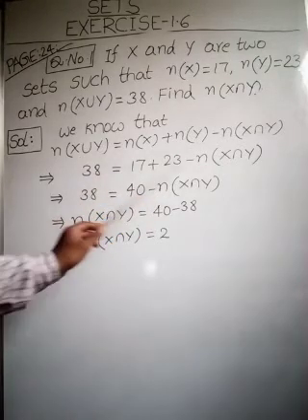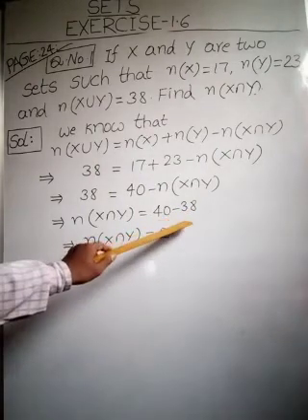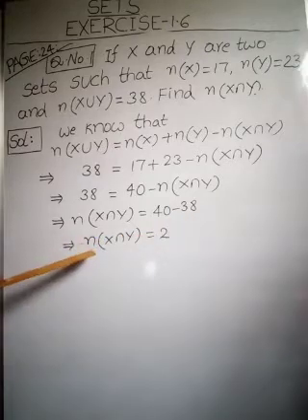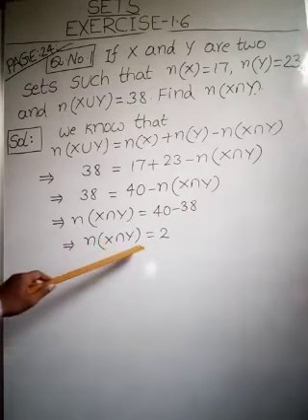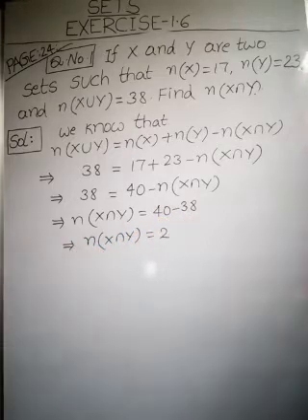We are sending this 38 to RHS. Then it becomes minus 38. Understood this step, my dear children? Right. This implies n of x intersection y is equal to 40 minus 38. What will you get? 2. Understood this, my dear children?